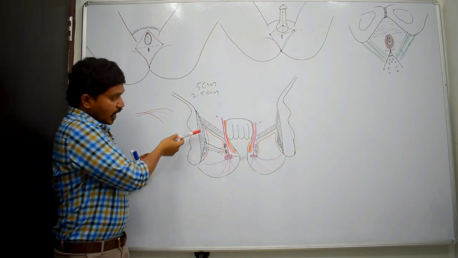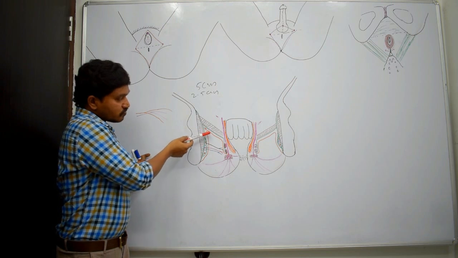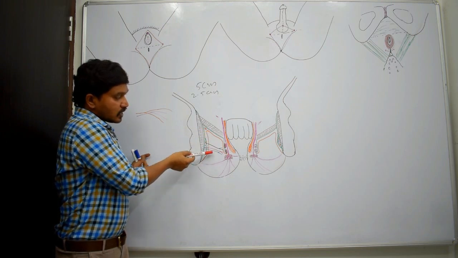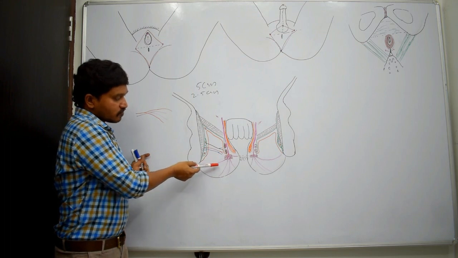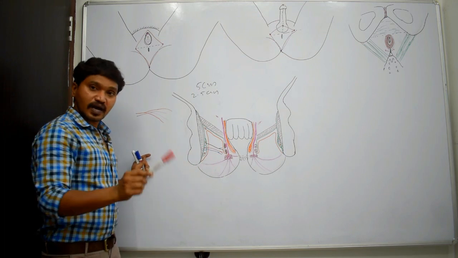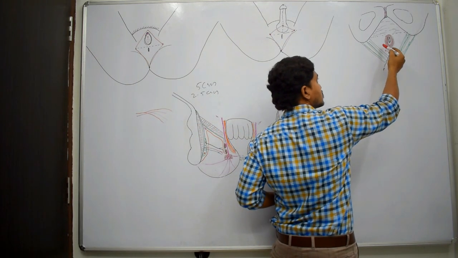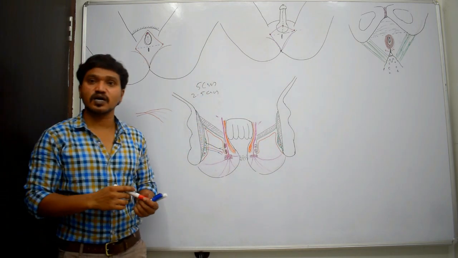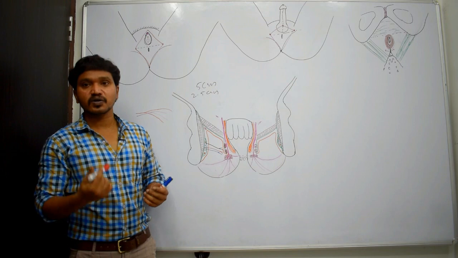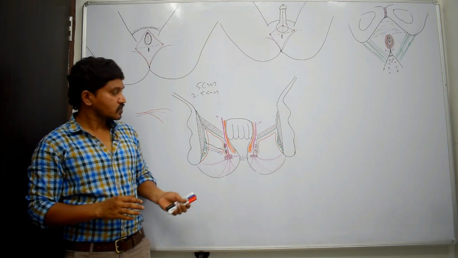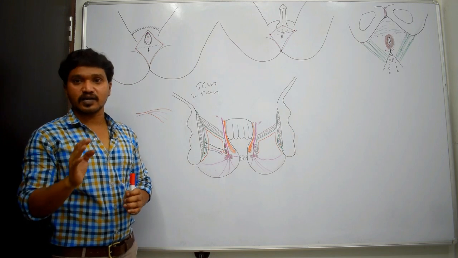Recollect once again: above the tegmentum, suprategmental space; in between the lunate fascia and perianal fascia, ischioanal space; in between the perianal skin and perianal fascia, perianal space. Then the horseshoe shaped space connecting one ischiorectal space to the other is called the retroanal space, right? So these are the different subdivisions of the ischioanal fossa.